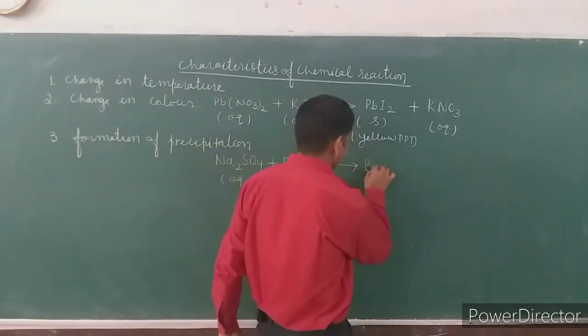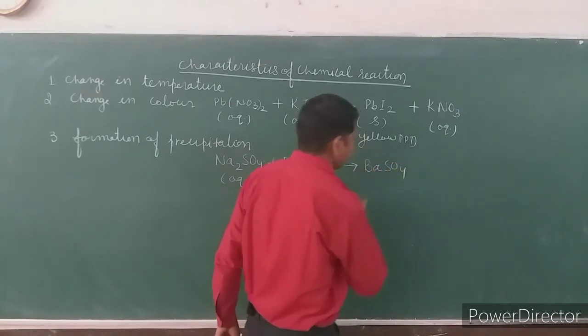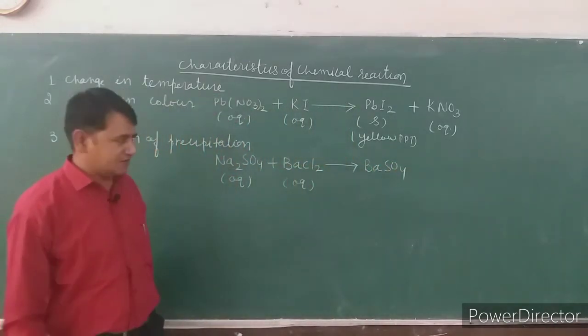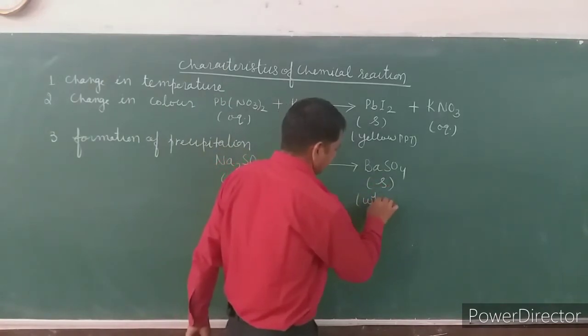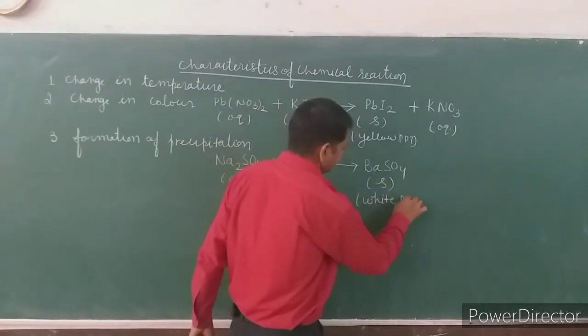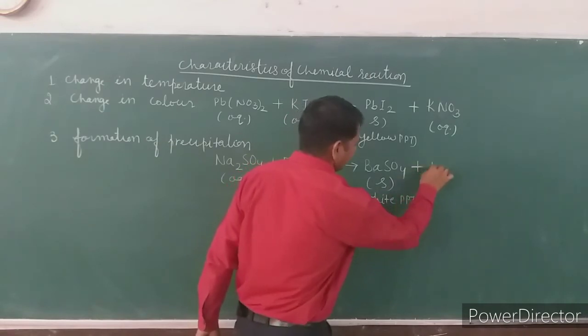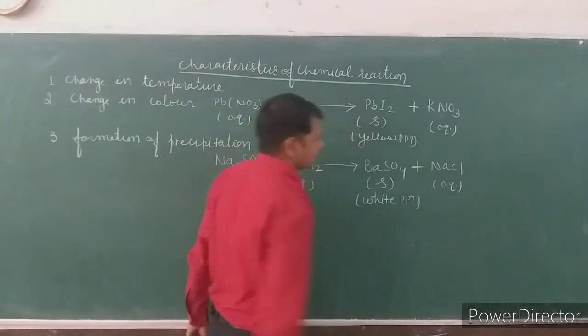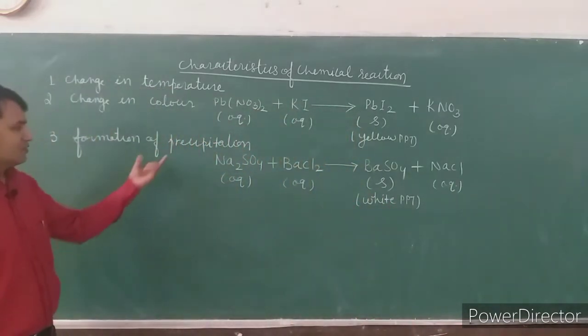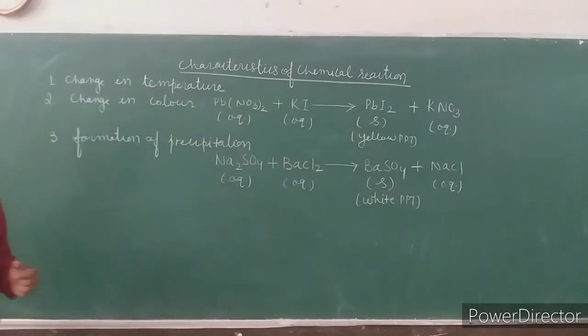Then the formation of a white precipitate, BaSO4, barium sulfate, which is in solid form, along with NaCl, sodium chloride, in the aqueous part. So this is the third characteristic of chemical reaction. The first we discussed was change in temperature, second change in color, third formation of precipitate.